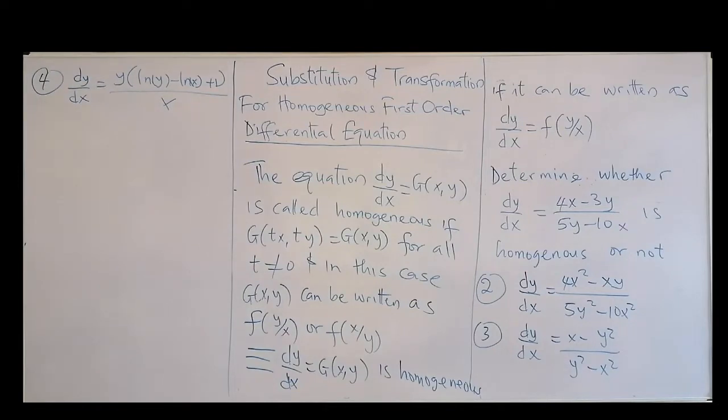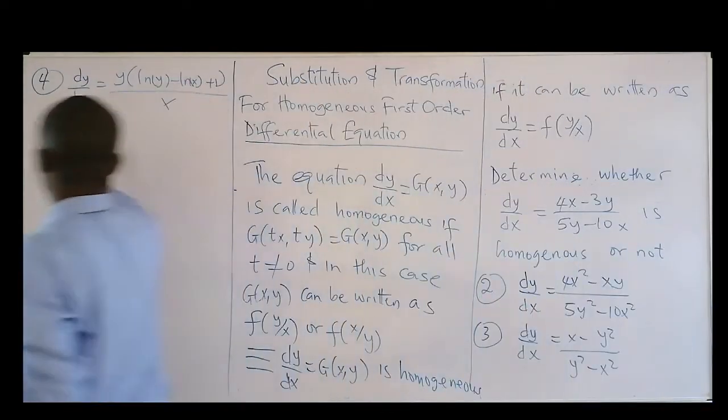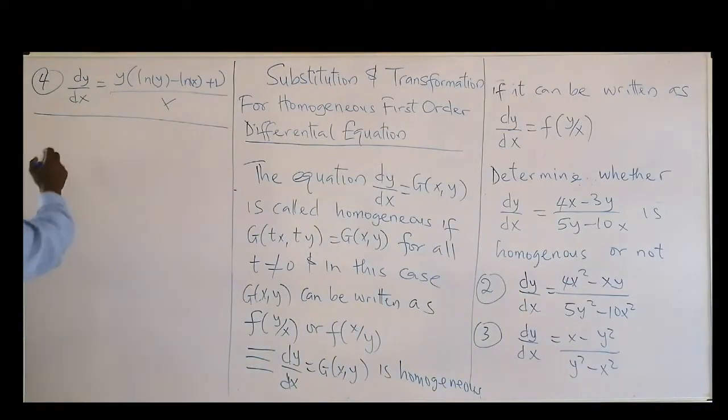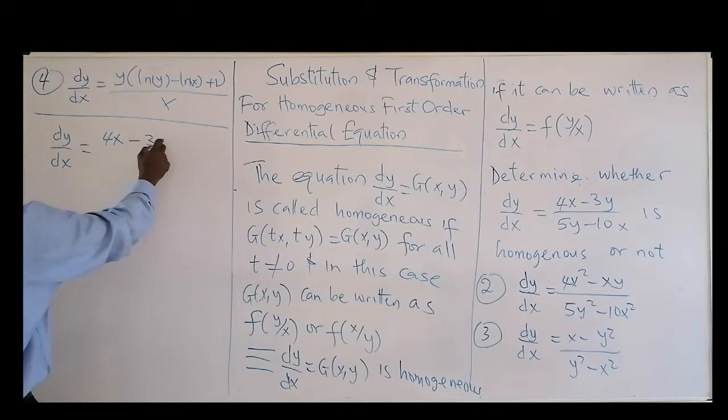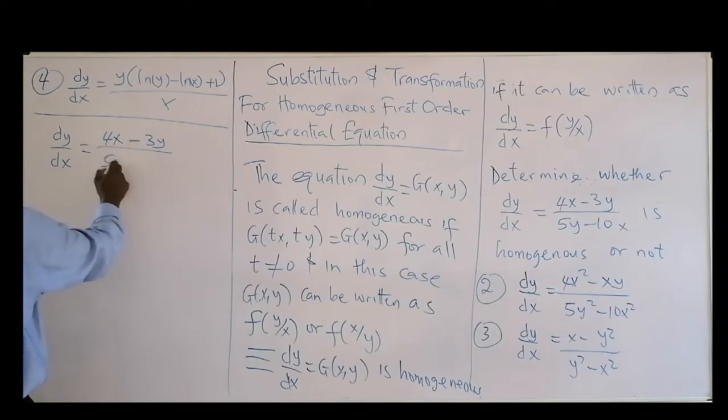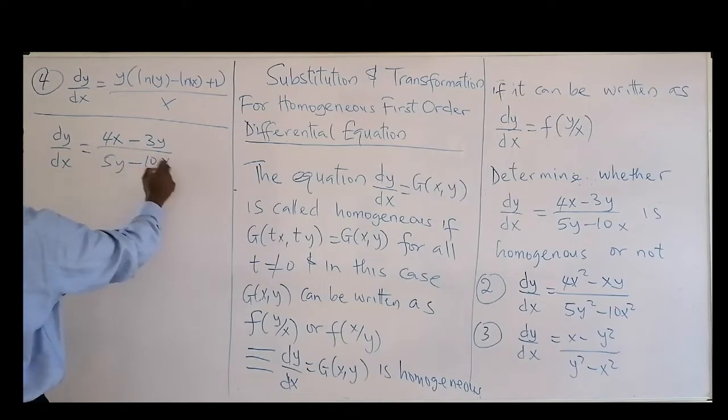For the first one, we have dy/dx equal to 4x minus 3y over 5y minus 10x. We want to know whether it's a homogeneous first order differential equation or not.